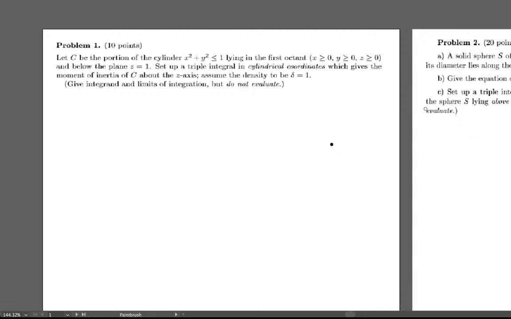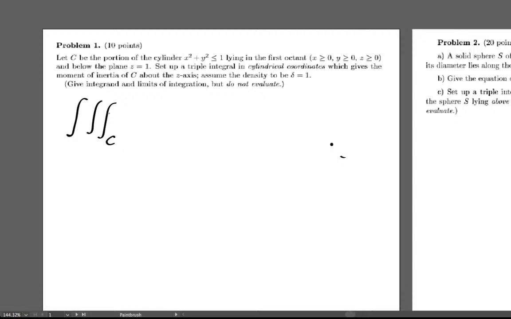Okay, so the first thing is that we want to start with the triple integral over C of the distance from the origin to the point. No, actually it's not from the origin.